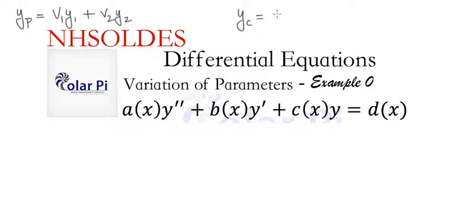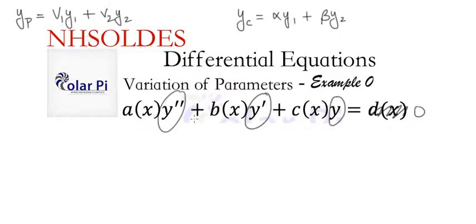y1 and y2 come from our complementary solutions. So y complementary is like alpha times y1 plus beta times y2, where alpha and beta are some constants, and y1 and y2 are the solutions to the homogeneous equation. That is, if instead of d of x we had 0, then plugging in y1, y1 prime and y1 double prime in those other places would get this equation to equal 0.